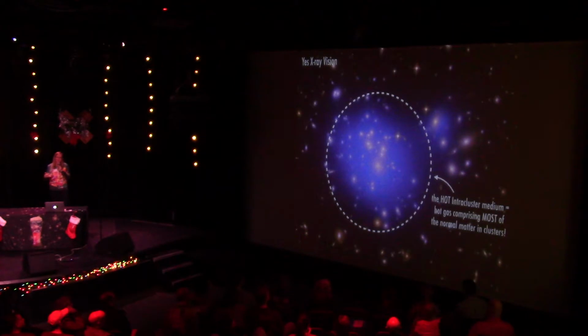So this is gas that sits between the galaxies. Remember, all the gas is kind of stripped off of galaxies as they fall in, but also a lot of gas is falling in the cluster that never entered galaxies to begin with. And that gas becomes very hot, and it actually emits radiation at X-ray wavelength. So you need an X-ray telescope to see this.